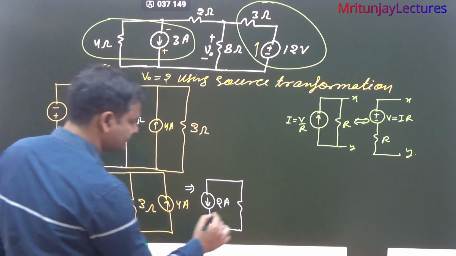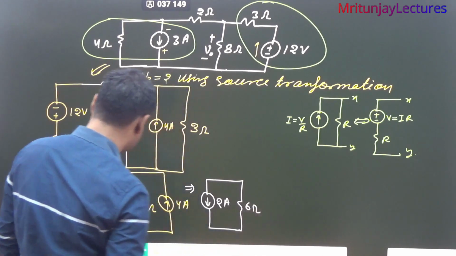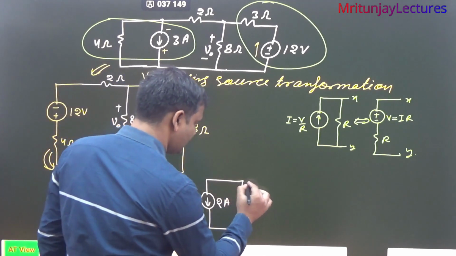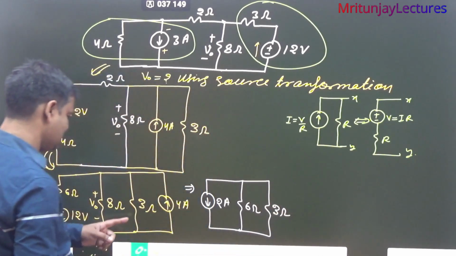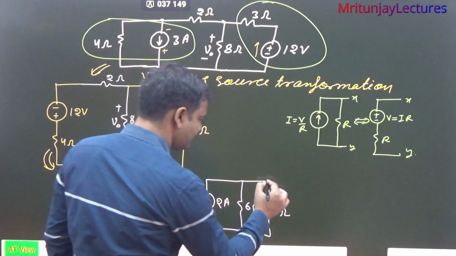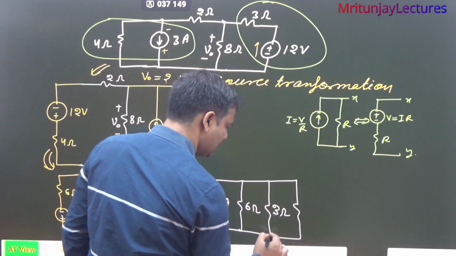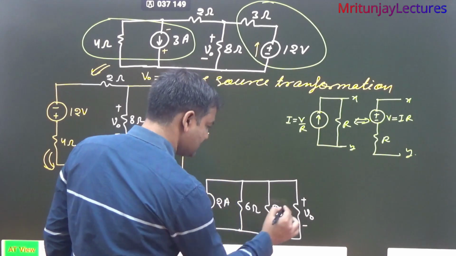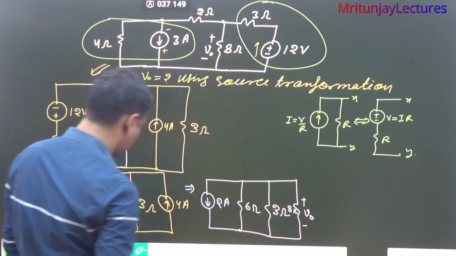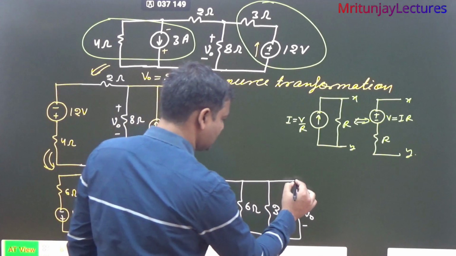And that is 6 ohm, and that one is 3 ohm. Okay. And plus minus V naught, and that is 8 ohm, and that is 4 ampere.